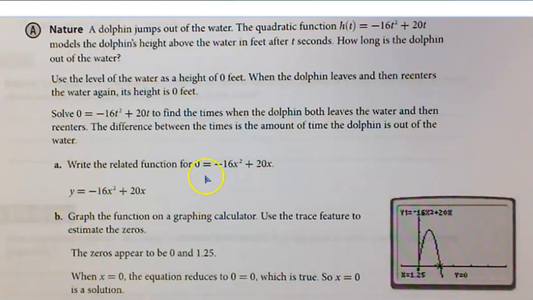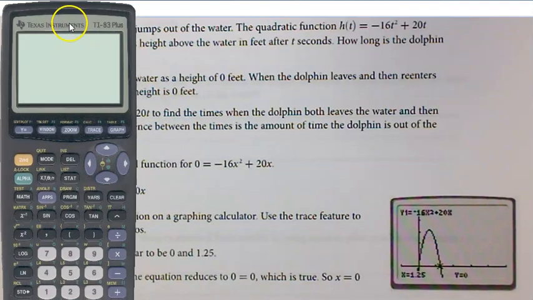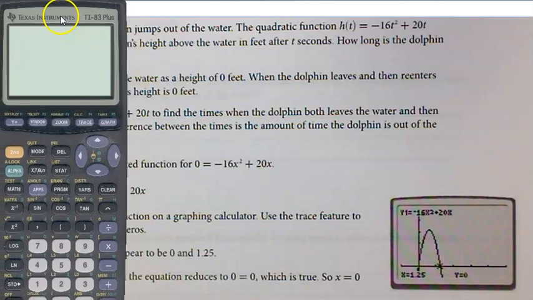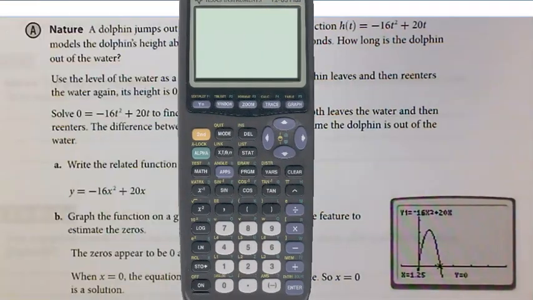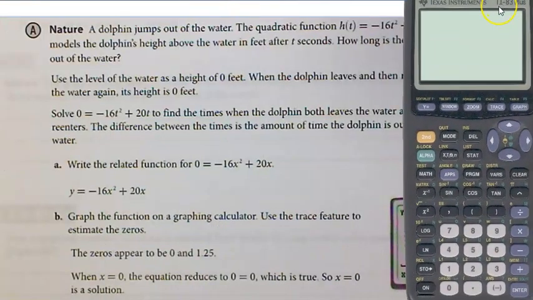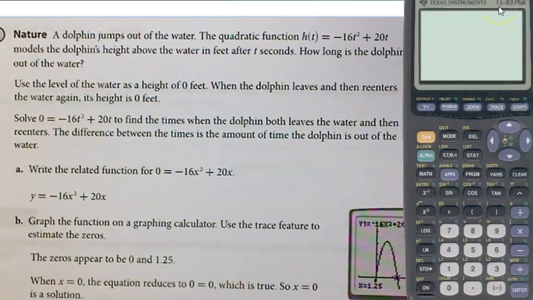So first of all, I'm going to split this and make two functions. This is one of my functions, 0, and this is my other function. The reason I'm doing that is simply because on the TI-83, it seems a little easier to use the calculate intersection option rather than using trace to figure out where the two lines are intersecting.